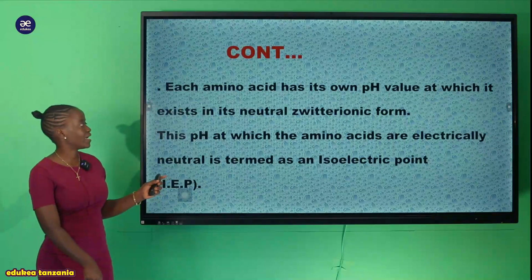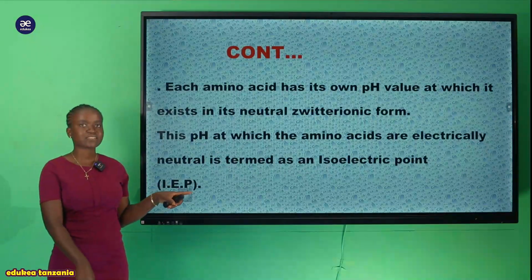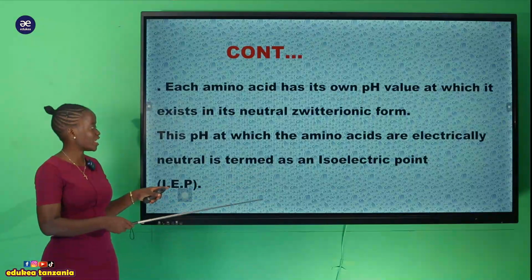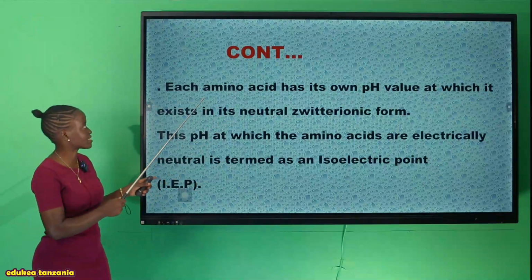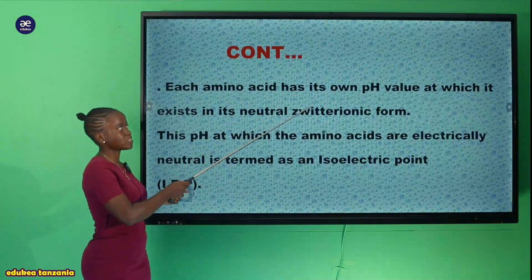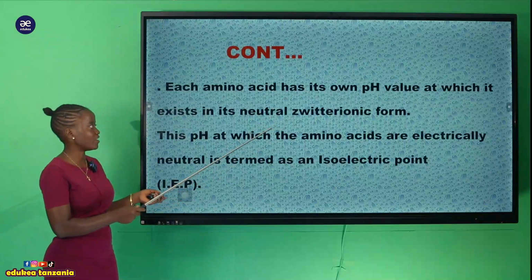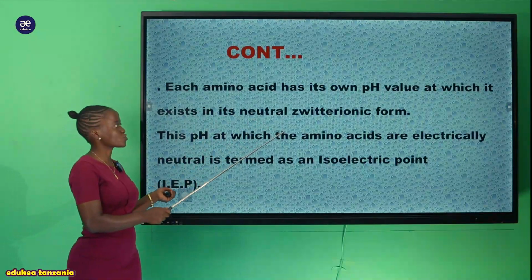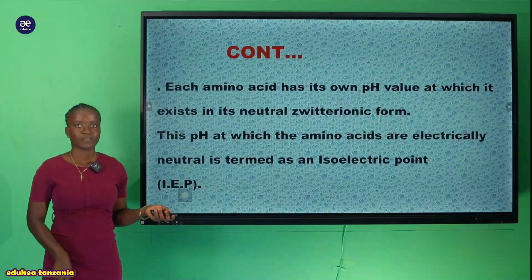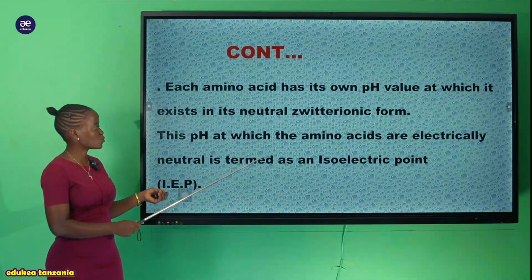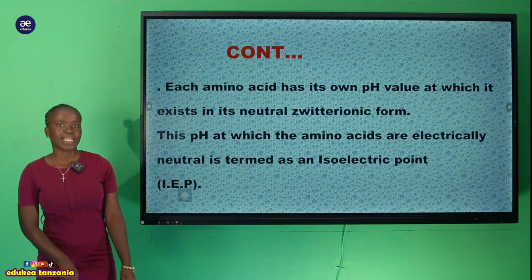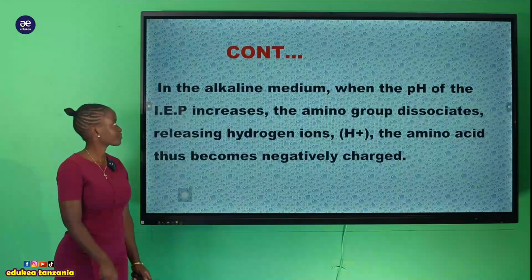Kwa maana kwamba, ile pH ambayo ina exist kwenye ile zwitterion ndiyo ambayo tunaita isoelectric point. That is, each amino acid has its own pH value at which it exists in its neutral zwitterion form. That point is known as the isoelectric point.